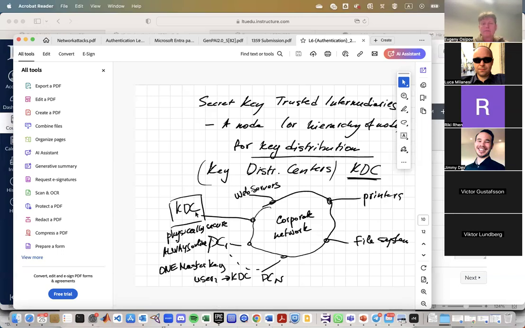Here it is a different thing. So the KDC must be online because this is the machine that facilitates all the communications in the network. So we want to securely communicate with other PCs, with other servers, with file systems, with printers, etc. And all this involves encryption and authentication.